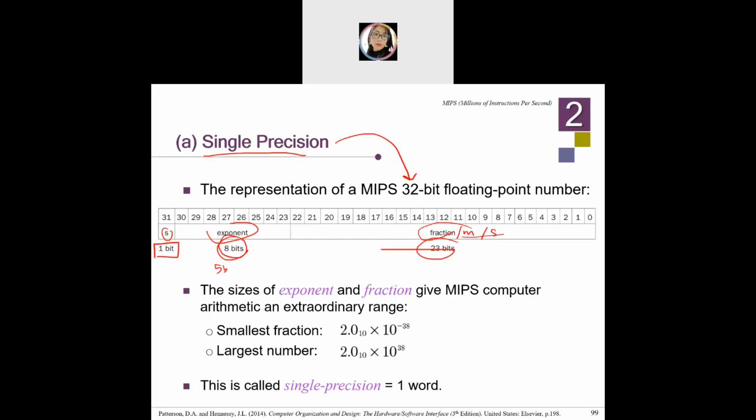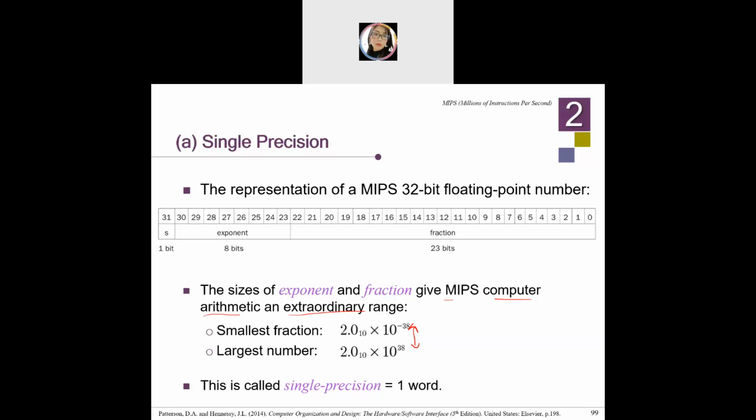Why do I always repeat this? Because in equations sometimes it's not called fraction. Sometimes it's just called significand, sometimes mantissa. So you need to know all the terms. The size of the exponent and fraction gives MIPS computer arithmetic an extraordinary range, because it is huge in range.